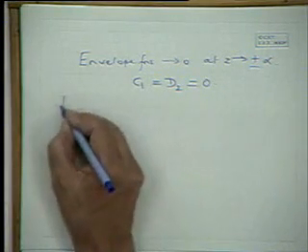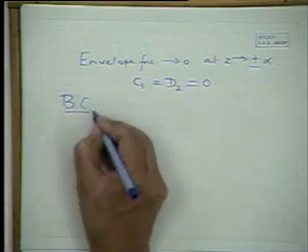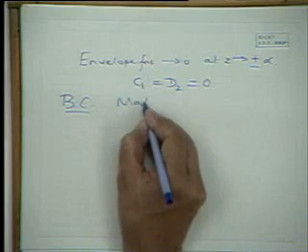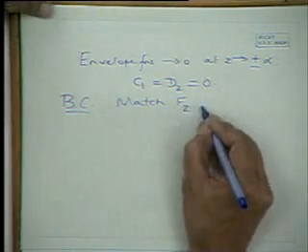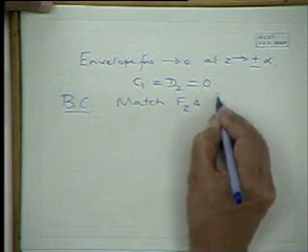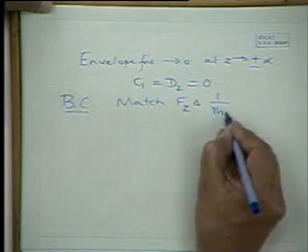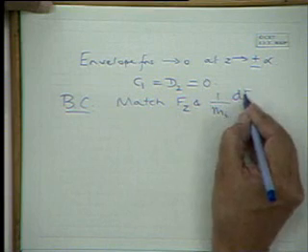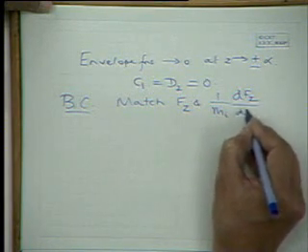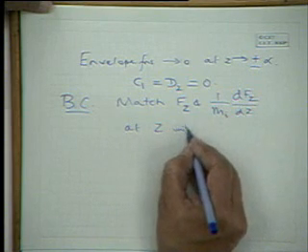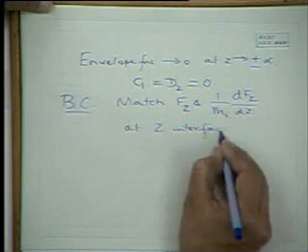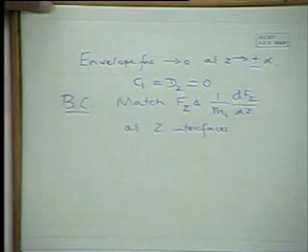And further boundary conditions are that we have to match f(z), the continuity of the wave functions and its derivative, 1 by m_i df/dz, at the two interfaces. This is like the usual WKB type of problem.